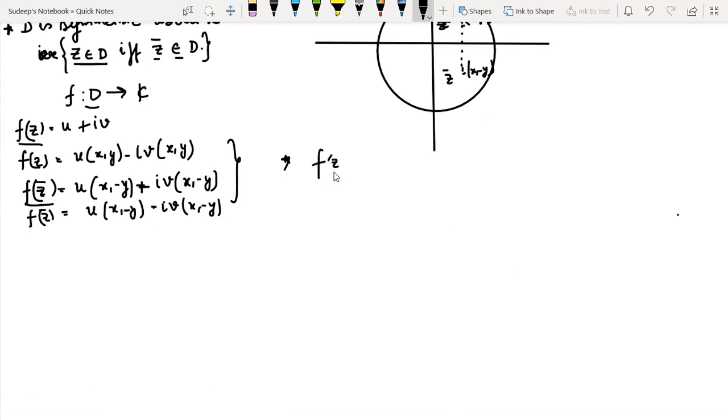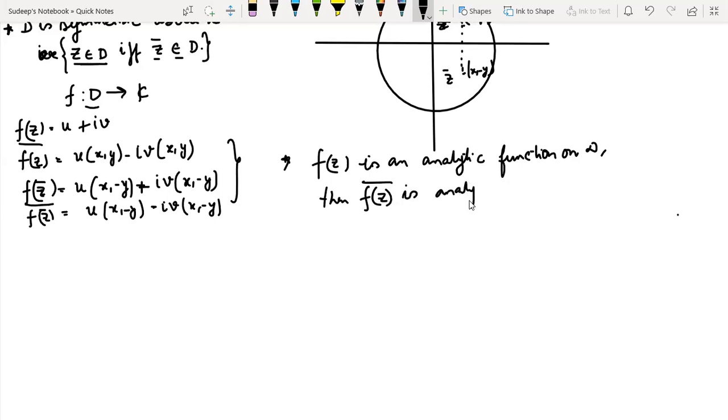So if f(z) is an analytic function on domain D, then conjugate of f(z) is analytic if and only if f is a constant function.